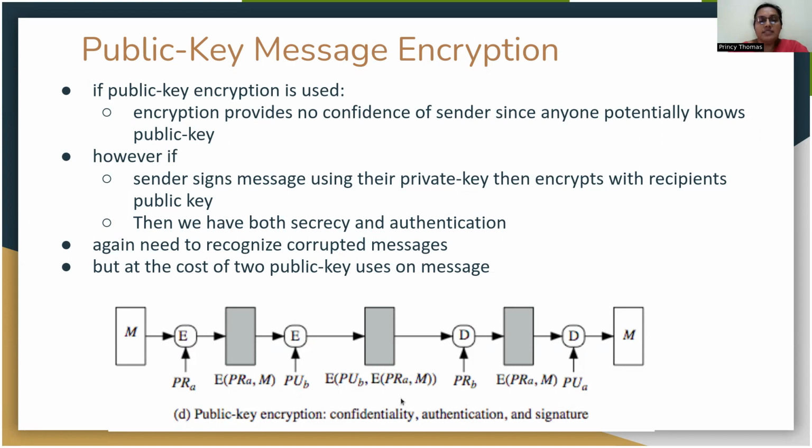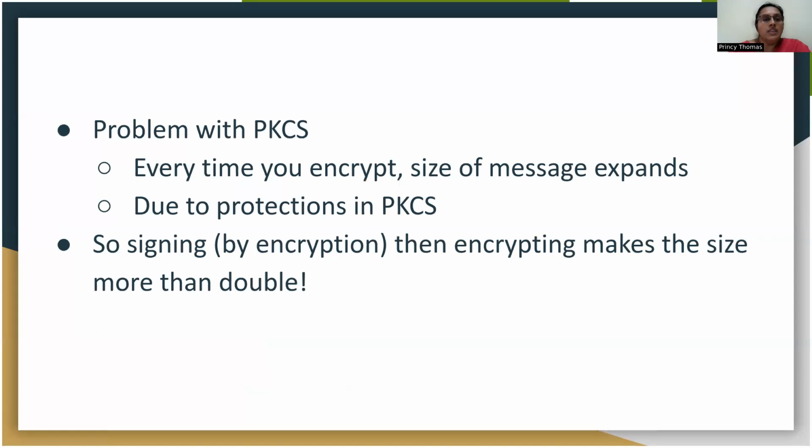The sender is sending the message showing that he is the one who sent it, and there is a signature also of the message. It's non-repudiation. He cannot claim that he did not send the message because he has used his private key to encrypt the message. Now, the problem with public key crypto systems is that every time you encrypt a message, the size of the message keeps expanding, because you're adding more and more components to that particular message.